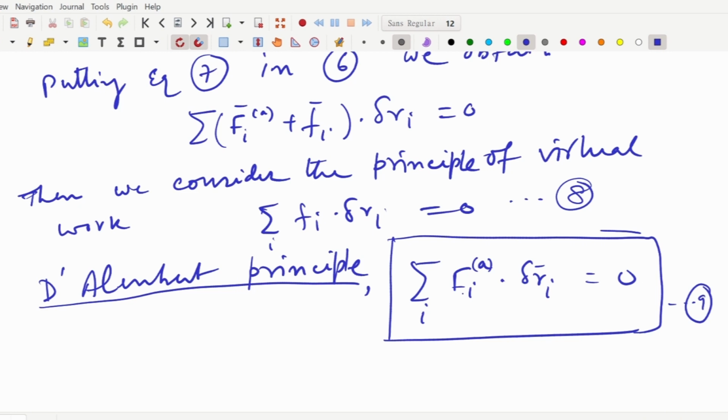From here we'll consider how one can obtain the equation of motion, and that will be the topic of the next class. So in lecture 8, we'll derive the equation of motion from D'Alembert's principle. Okay, so for today, thank you.